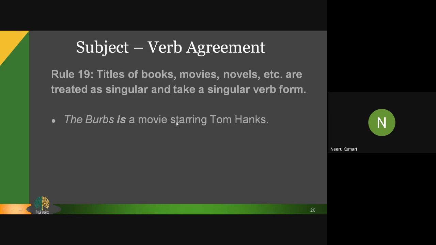So The Burbs is a movie starring Tom Hanks. This is again very, very important. Often students get confused. When they see a plural, they include "are". No, you should remember this is one single name. And as this is one single name, the verb that agrees with the subject is always singular.